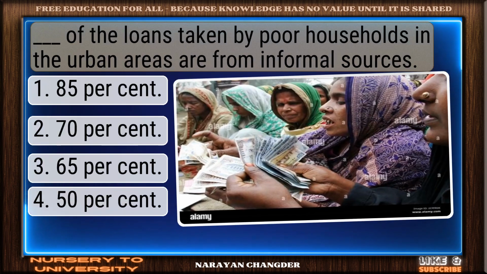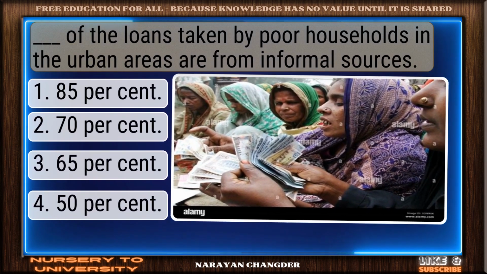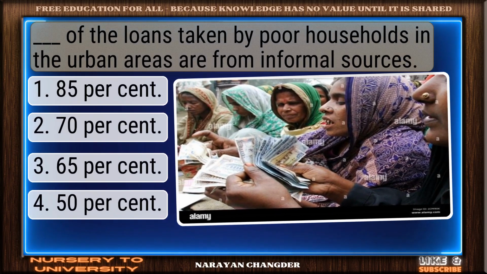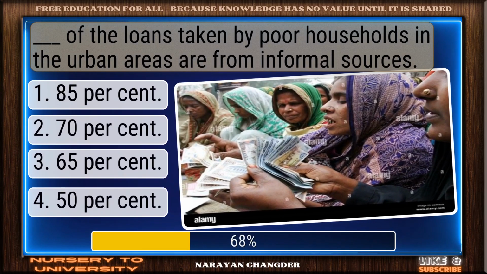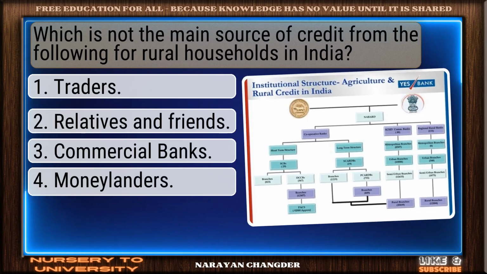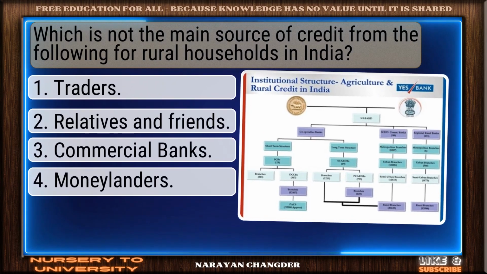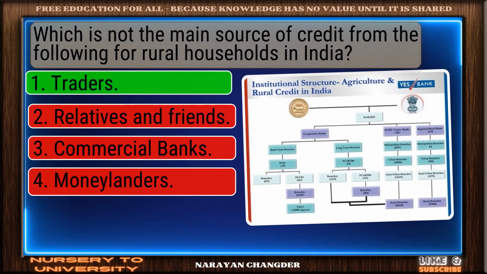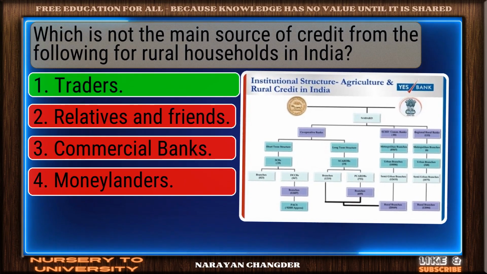RBI. Dash of the loans taken by poor households in the urban areas are from informal sources. You chose 85%, correct? Which is not the main source of credit from the following for rural households in India? On track, traders is correct.